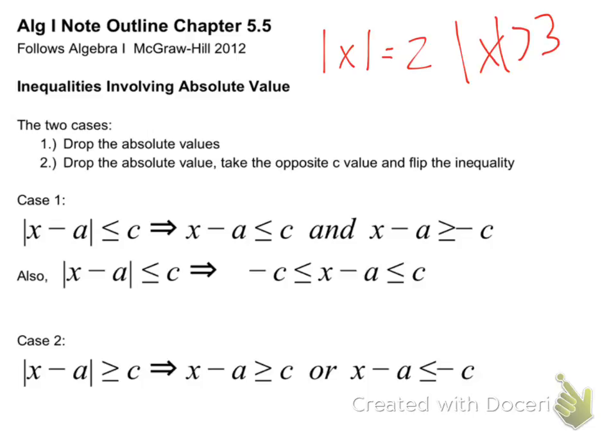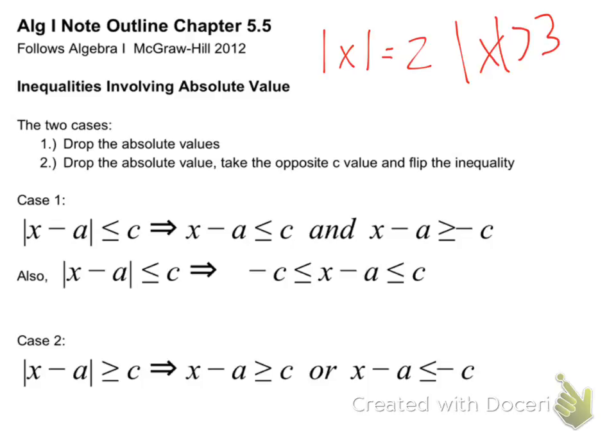4. Can I take the absolute value of 4 and be bigger than 3? What's the absolute value of 4? 4. Is 4 greater than 3? Yes, that works. 5? Yep. 6? Yep. Negative 2. No. The absolute value of negative 2 is 2. That's not bigger than 3.